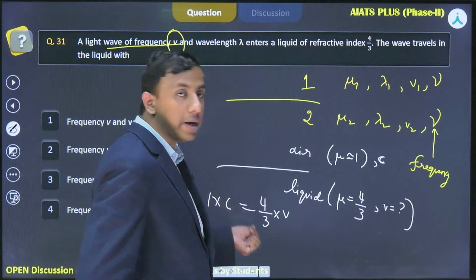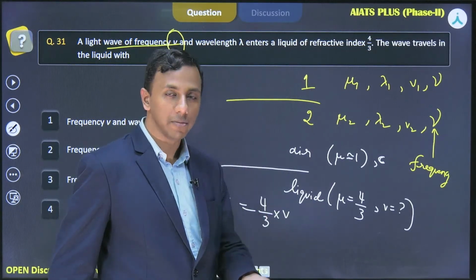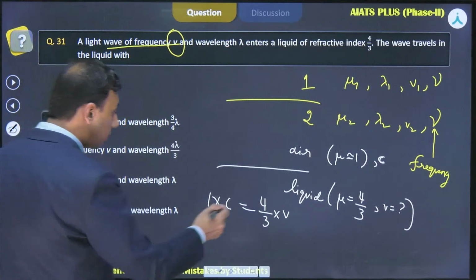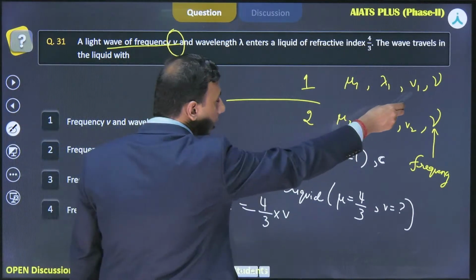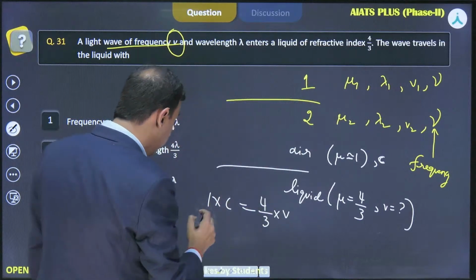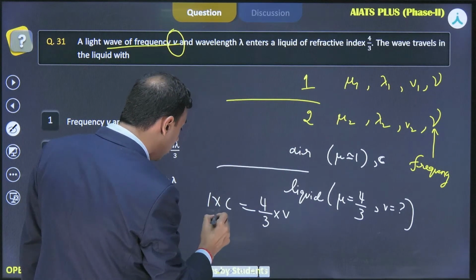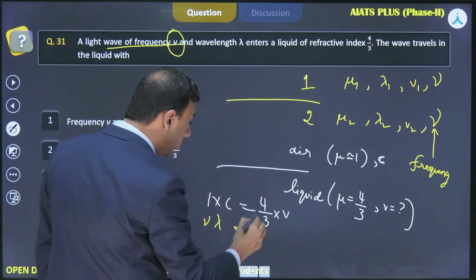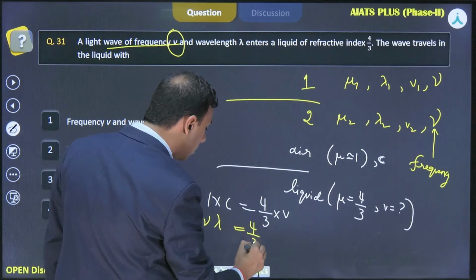And speed can also be written as frequency into wavelength, right? Frequency into wavelength. So c I can write it as initial frequency was nu only, okay? So nu into initial wavelength was how much? Lambda equal to 4 by 3.